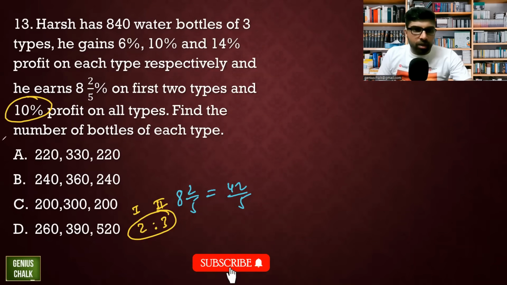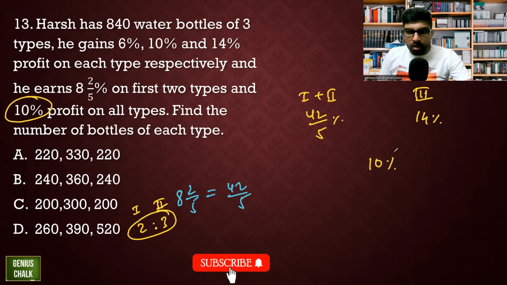So 10% average, it should be first and second, and let's say third. First and second is 8.2 by 5, that is 42/5, and third was 14, and here it is 10%. So just multiply by 5 to make it equal.